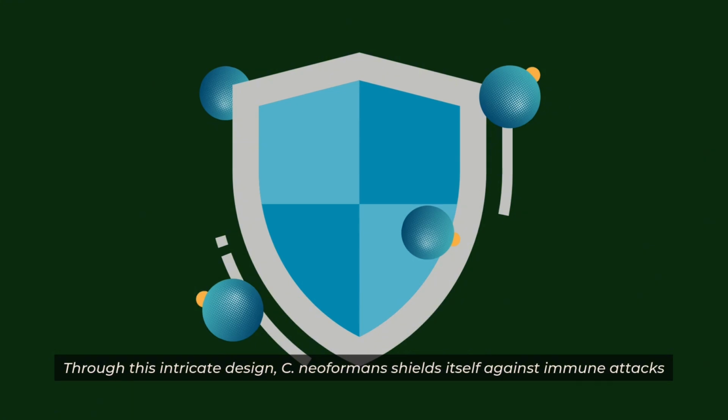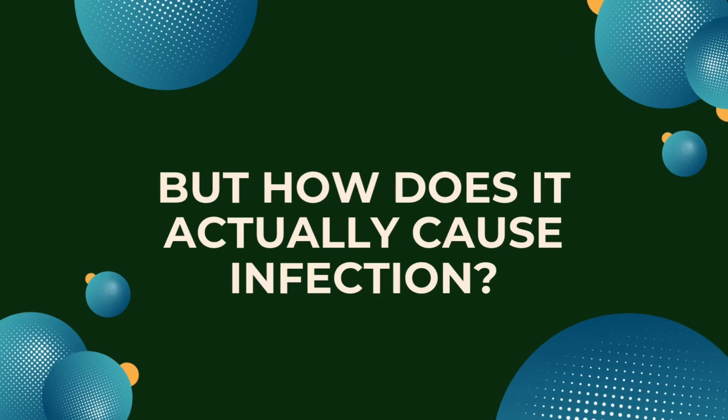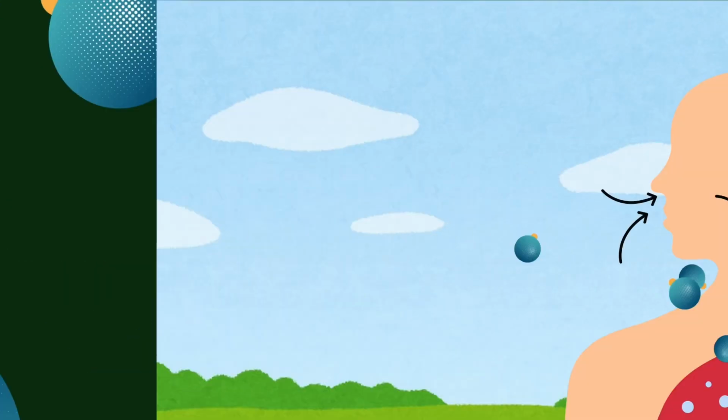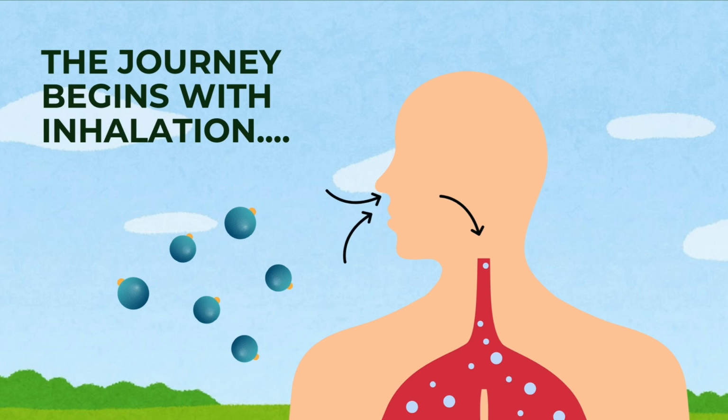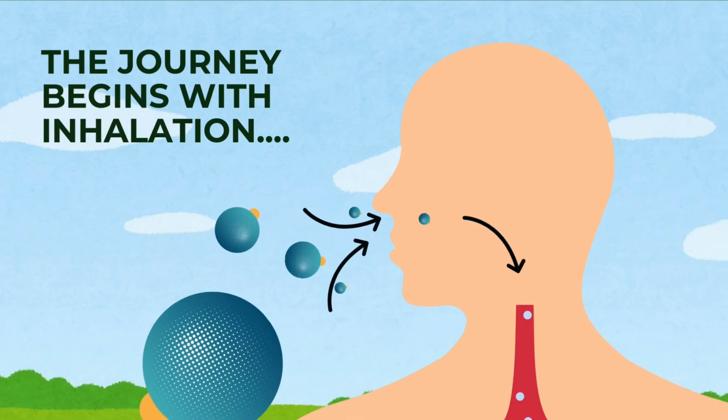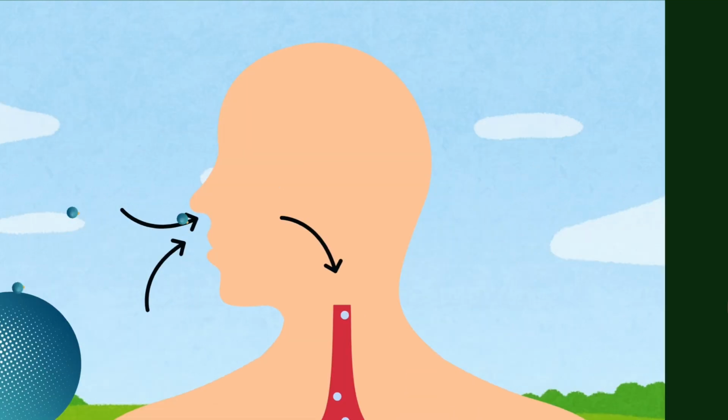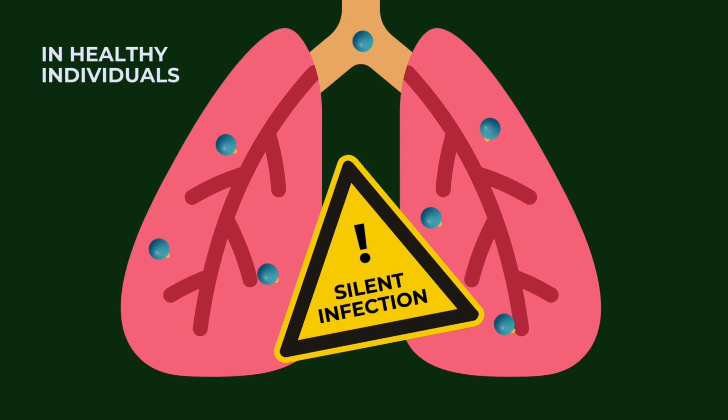But how does it actually cause infection? First, the entry into the host through inhalation of spores or desiccated cells is the primary route of the infection. And in immunocompetent individuals, the infection may remain asymptomatic or localized in the lungs.